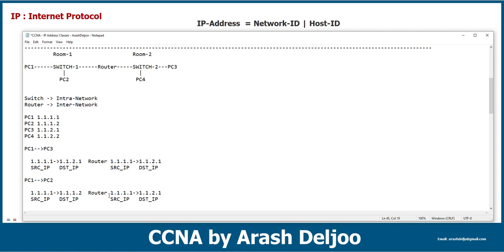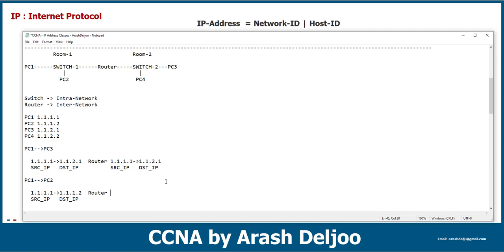When the router receives this packet, it can understand that the destination IP resides inside room 1. Because of that, the router understands that it does not need to forward the traffic to room 2. So we need some information in the IP addressing to give the ability of routing.